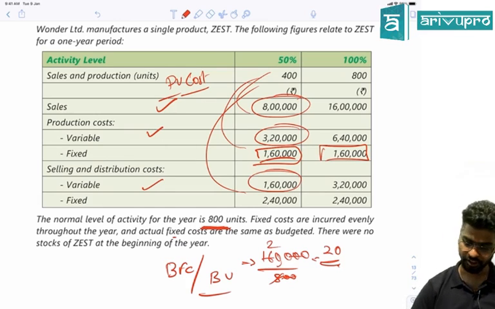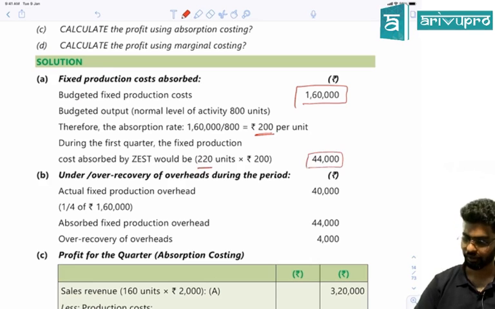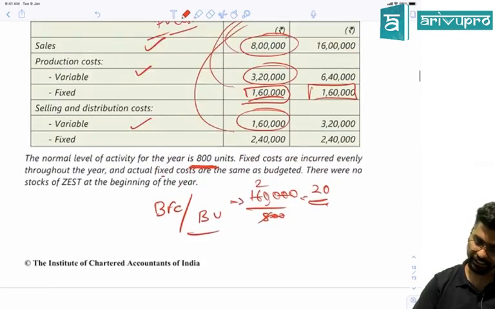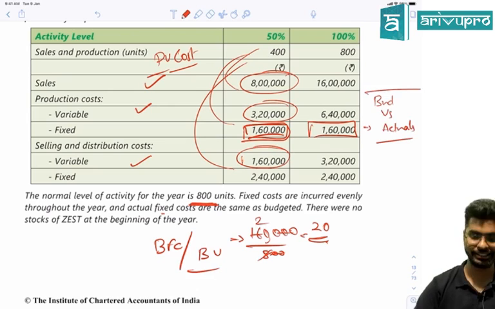So see here, my budgeted fixed cost is 200 per unit. I am producing 220 units, so it will become 44,000. My budgeted overheads is, see here, fixed is 1,60,000. They are saying the budgets versus actuals are the same.